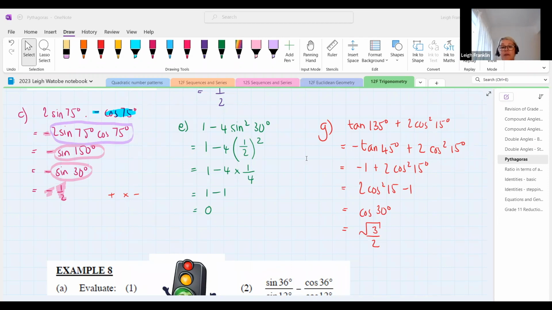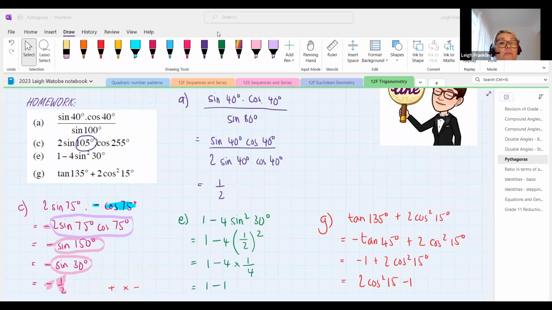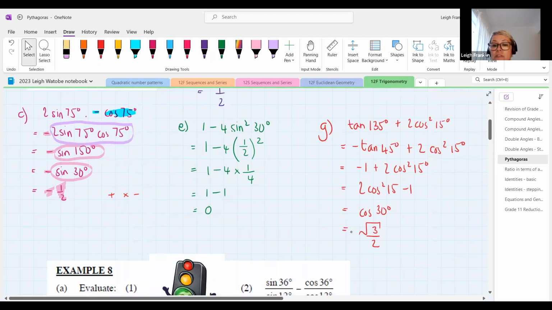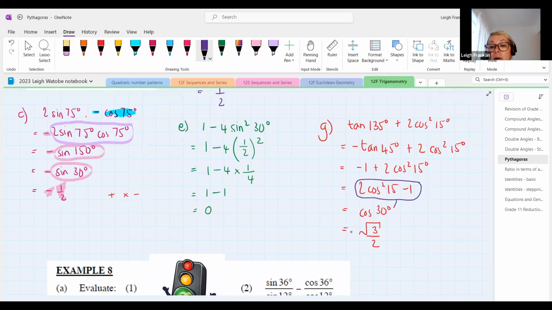Oh, okay. So now the thing is, remember your cosine double angle becomes 2 terms. So if you've got cos 2a, you'd write it as 2 cos squared a minus 1. So what was 1 term is now 2 terms. So you can't use the -1 in your calculation because it's part of the cosine double angle. So this entire thing here, these two terms together become cos 30.